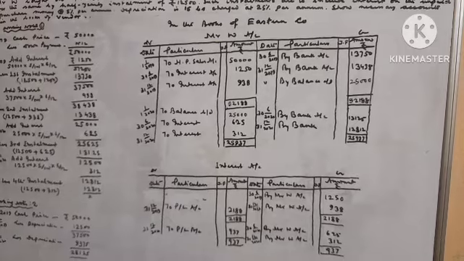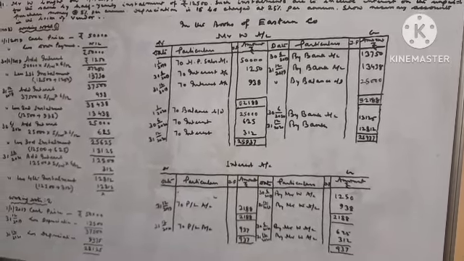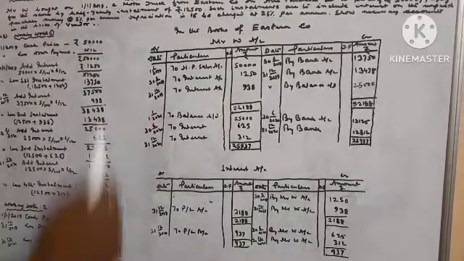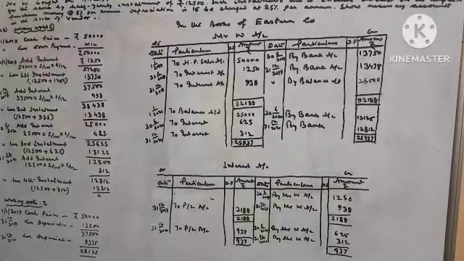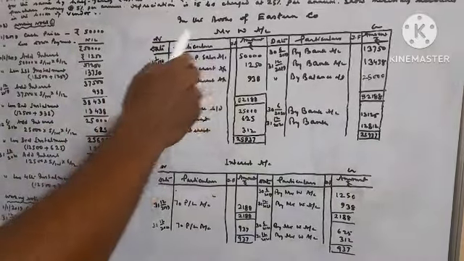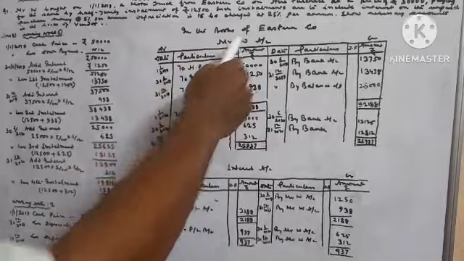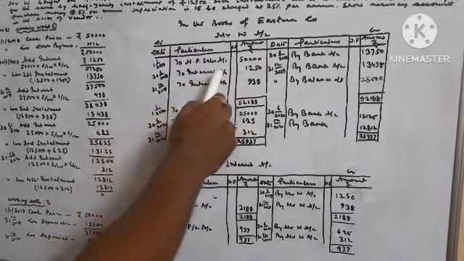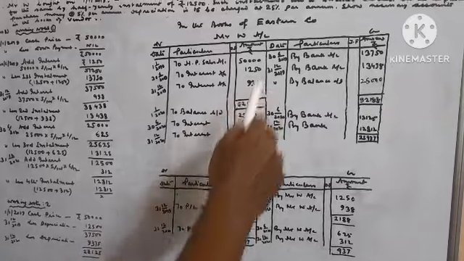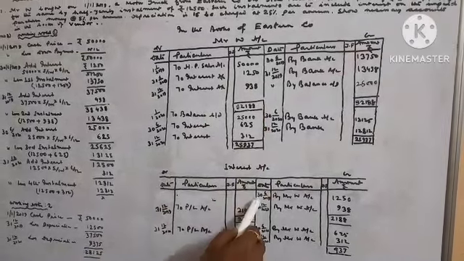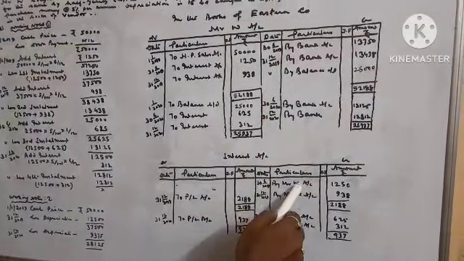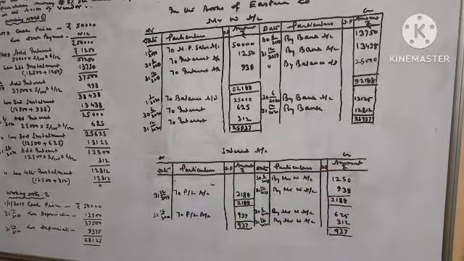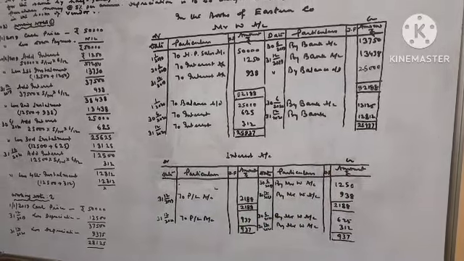Number 2, for charging interest on 30/6/2019, the accounting entry will be buyer account debit to interest. So Mr. W to interest on 30/6/2019, 1,250. Again in the interest account on 30/6/2019, we have to write by Mr. W 1,250.